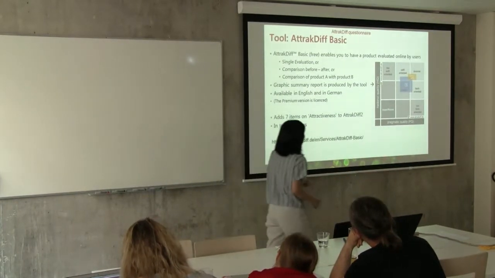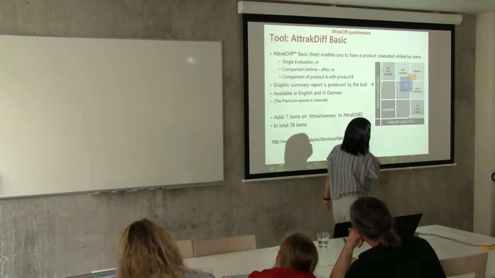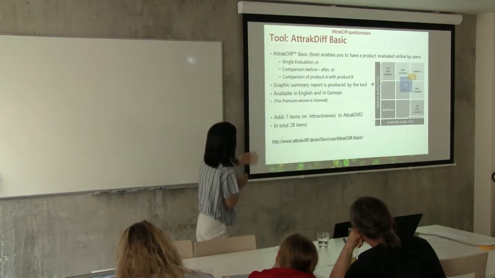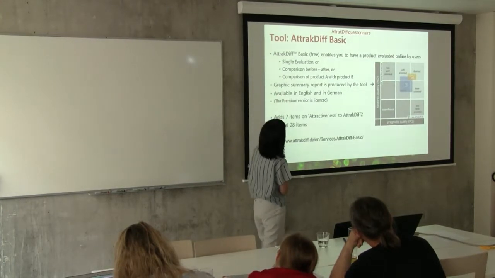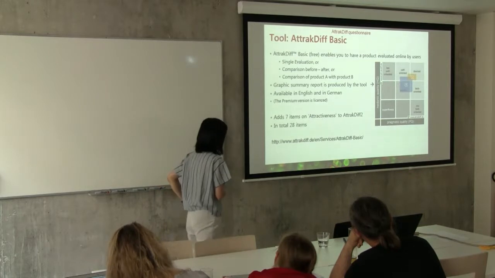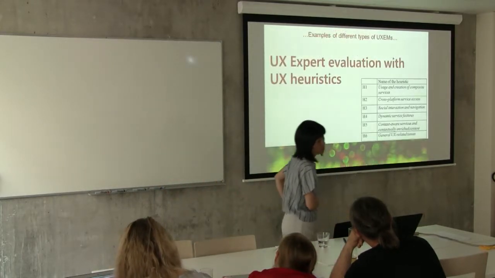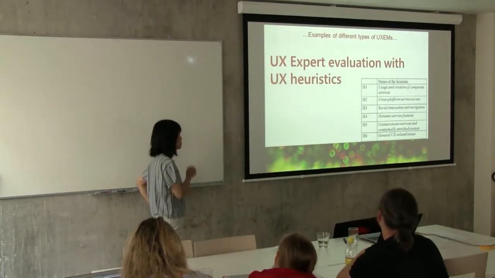You can see product B covers this area, and product A is higher on a certain dimension. This is for comparing products A and B, or you can also just use a single evaluation for an interactive product. This is one way to evaluate UX: using a questionnaire with scales.